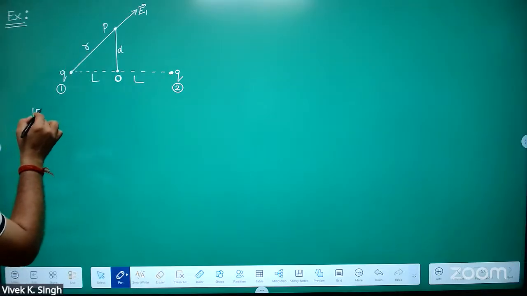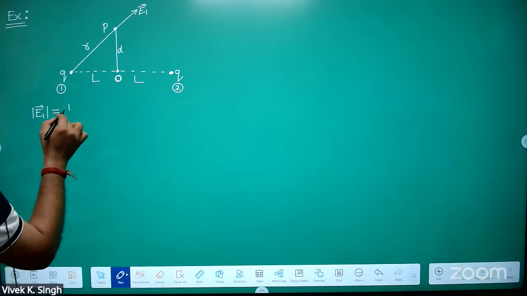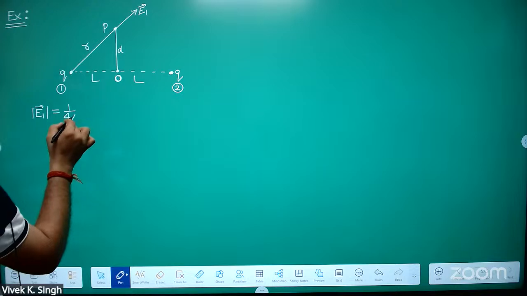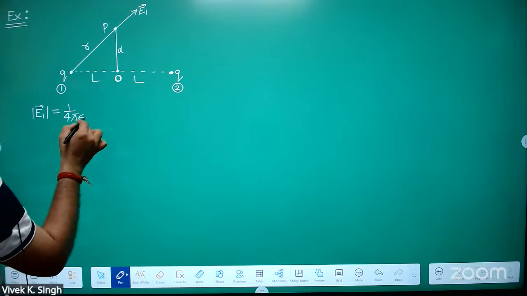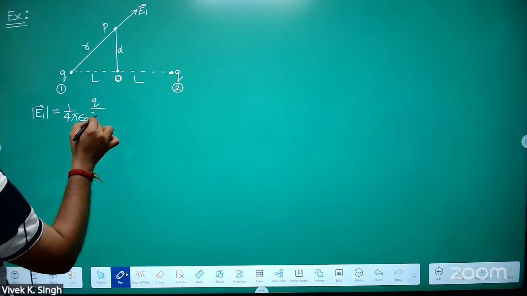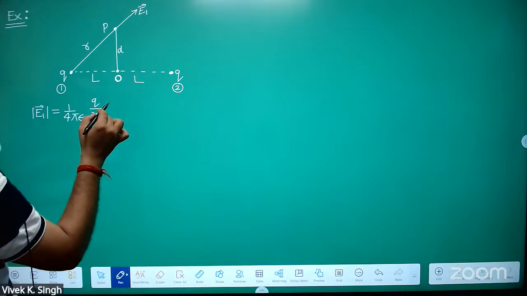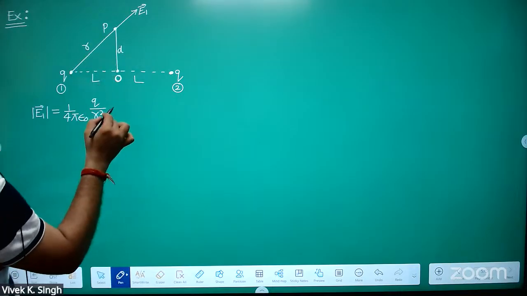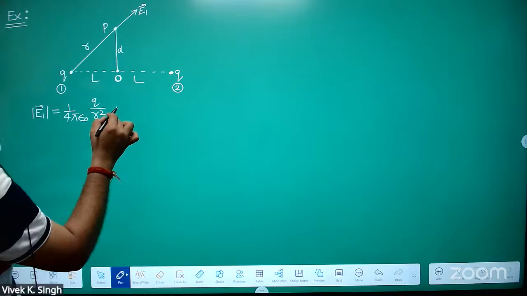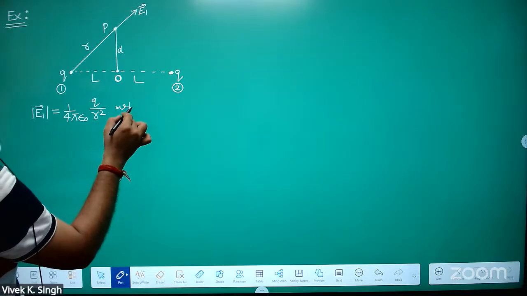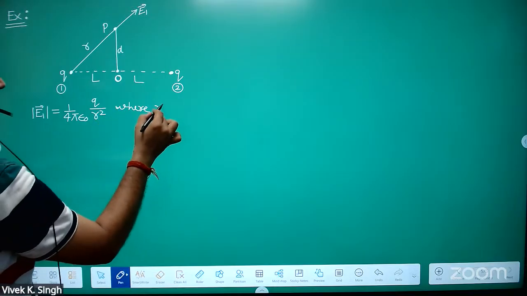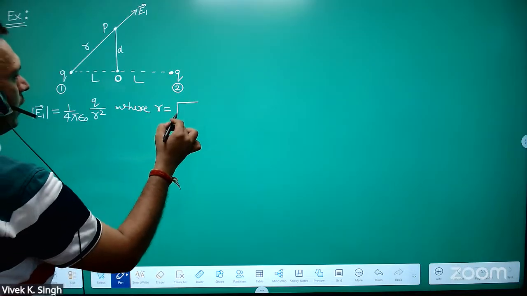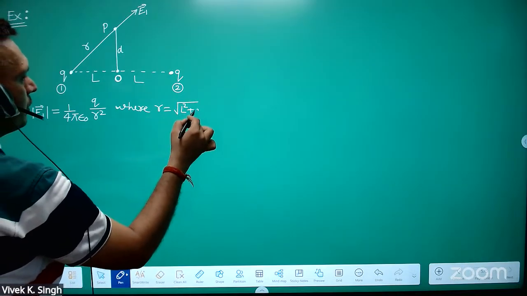The magnitude of E1 will be given by 1 by 4 pi epsilon naught, Q by r square, where r is given by under root L square plus D square.